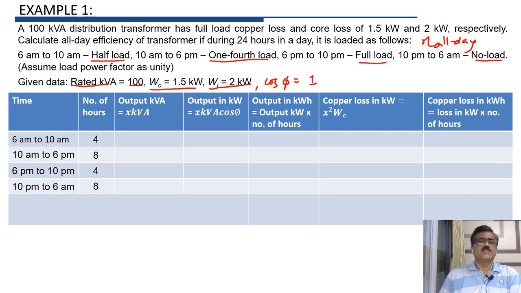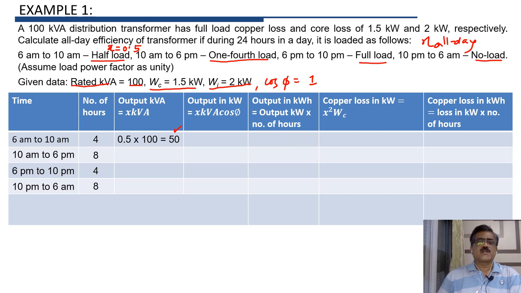So we take the percentage of loading X as 0.5 and output will be 0.5 into 100, that is 50 kVA.